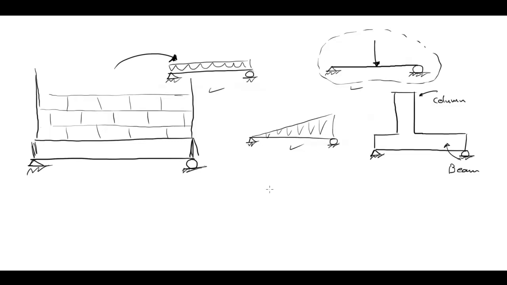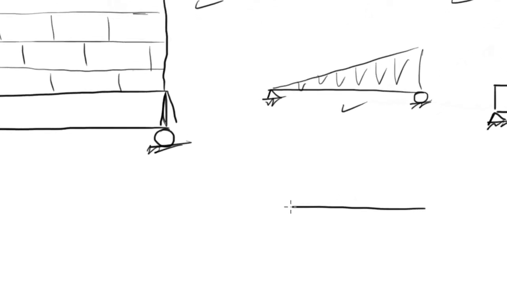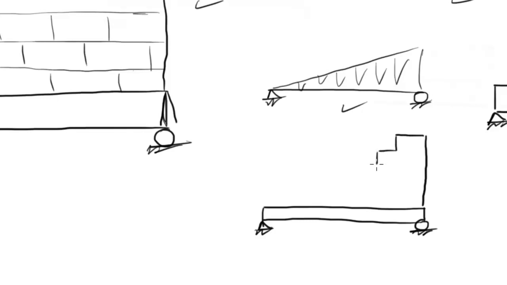Okay, the more challenging one is the triangular load. I can think of two examples. Let's say the beam that I have looks like this, and I have a masonry wall, but it looks like this. Something like this.